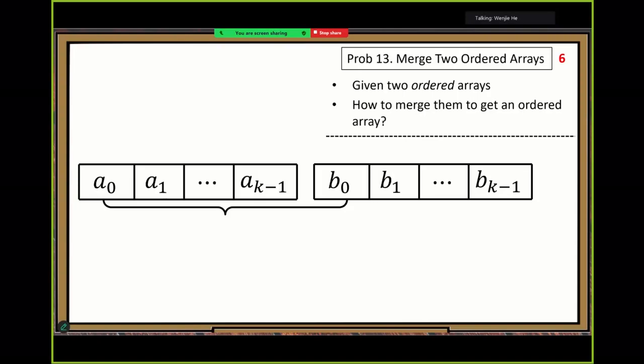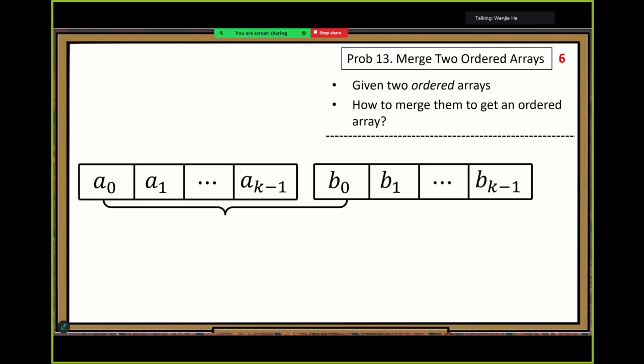In our destination array, all the elements are in place, right? So here we use this in place concept to view this merge step. In place. So our goal, we want to make all the elements in place. That's the goal.